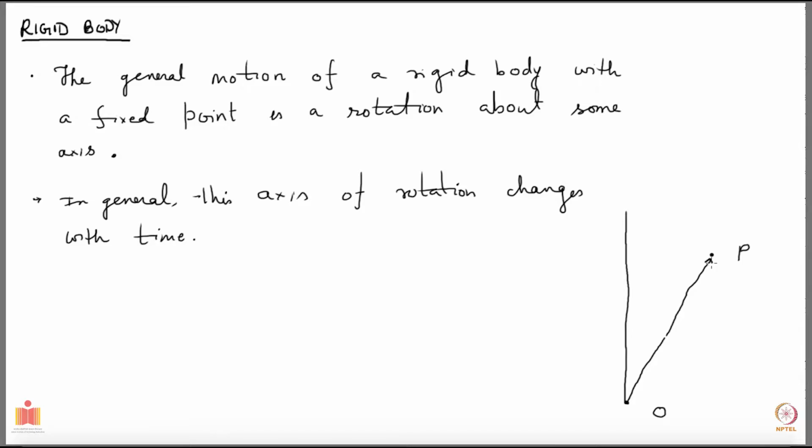Okay, and because the body is rotating about this axis, the velocity of this point will be perpendicular to this plane. If, for example, this vector is in the plane and this is also in the plane, so these two make the plane, and the plane is the same as that of your screen, then the velocity vector will be perpendicular to the screen.